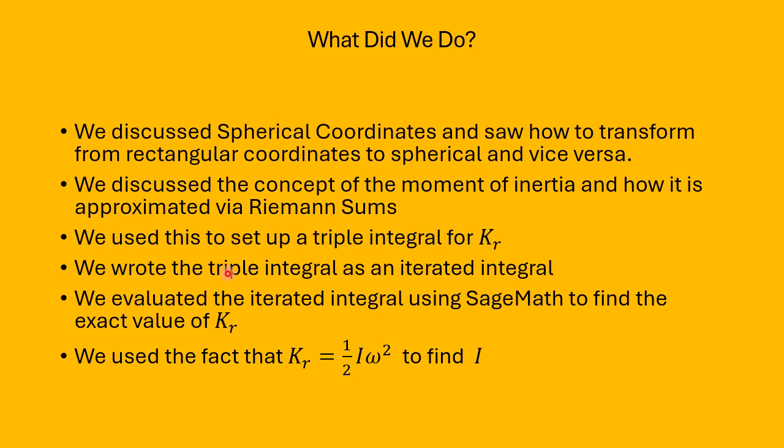We wrote the triple integral as an iterated integral. We evaluated the iterated integral using Sage Math to find the exact value of K sub r, the rotational kinetic energy. The iterated integral for the triple integral is actually kind of messy to evaluate if you do it by hand, so we decided to use Sage Math in this particular case.